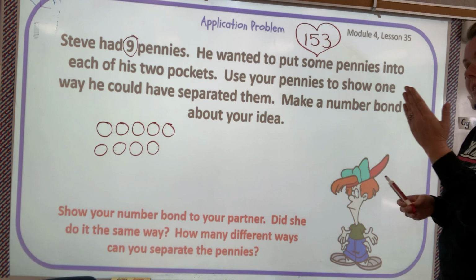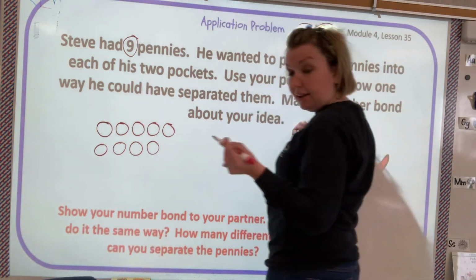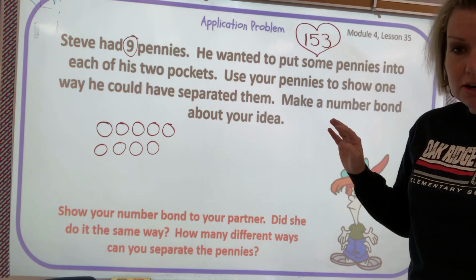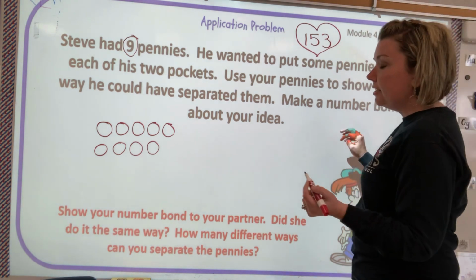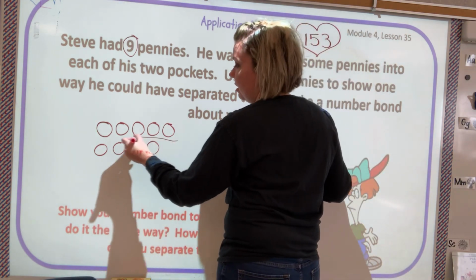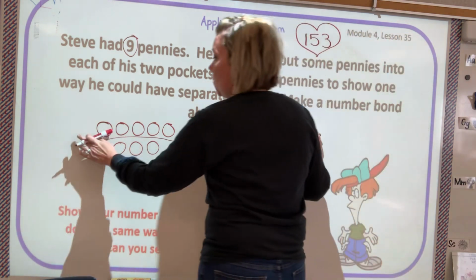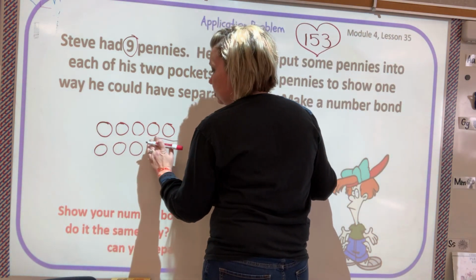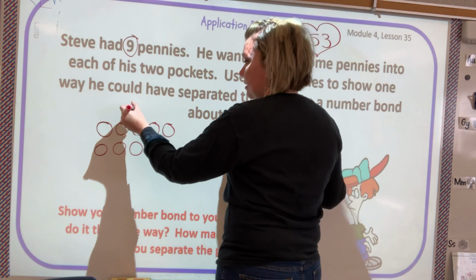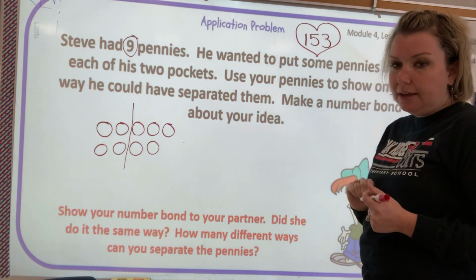So I can pretend like I can chop these. I can draw a line, kind of like what we did yesterday in our problem set. I can draw a line to separate these in 2 groups. I could draw a line this way. Or I could draw a line this way. You decide.